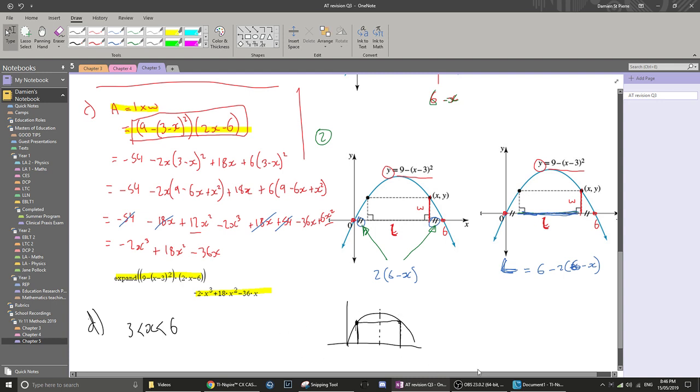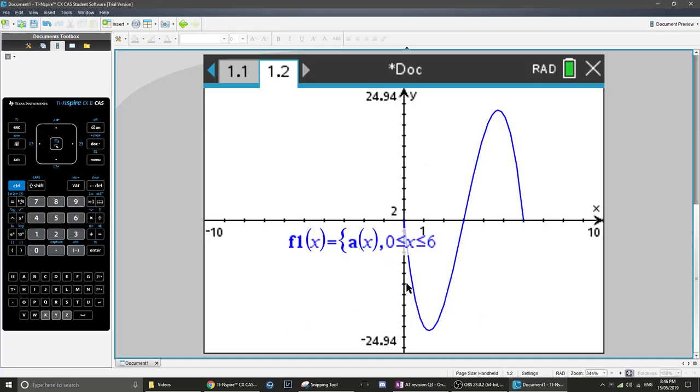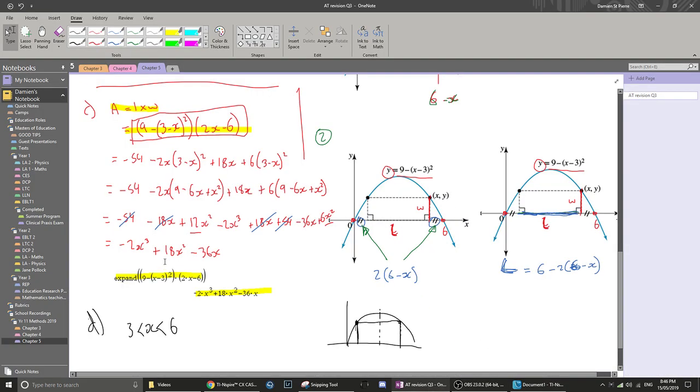The problem with the equation that we generated for area is that if we consider our x on this side of 3, it's going to give us a negative area. We could intuitively think, well, no, we know the area is not going to be negative, it's just the way our equation is being generated. So I would be happy with this.